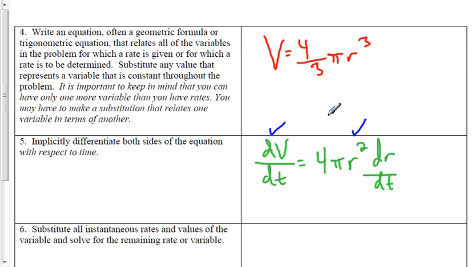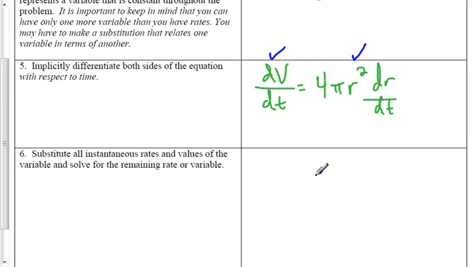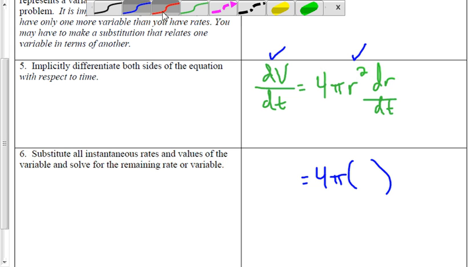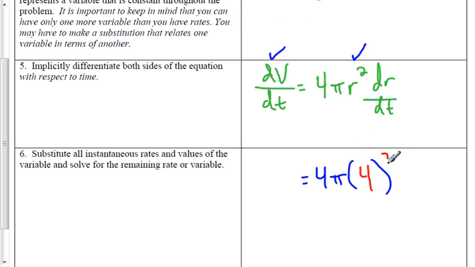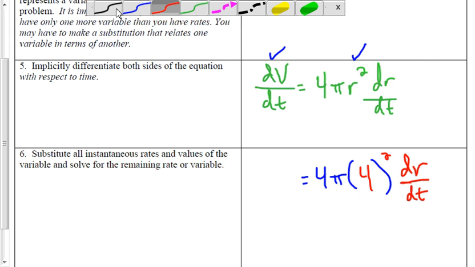Now, there's one thing we've got to pay attention to here, so let's start filling in number 6. Substitute all instantaneous rates. So we have 4 pi, and the radius is 4, so it's 4 squared. I do not know what the change in the radius is. That's what I'm trying to find. One thing to pay attention to is that the volume was getting smaller. I probably should have written this up above.